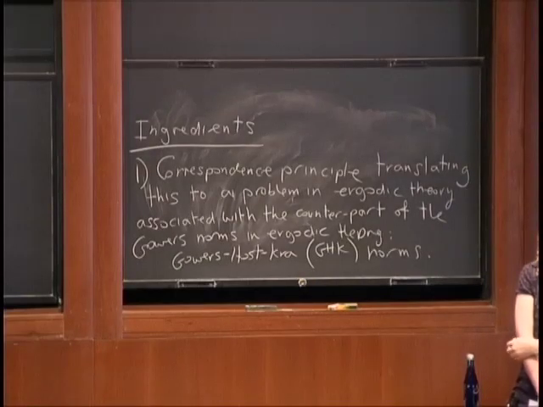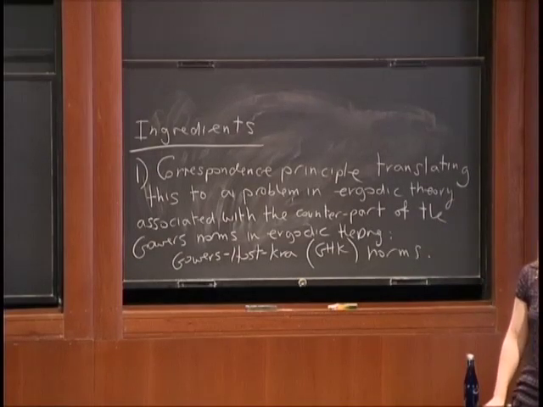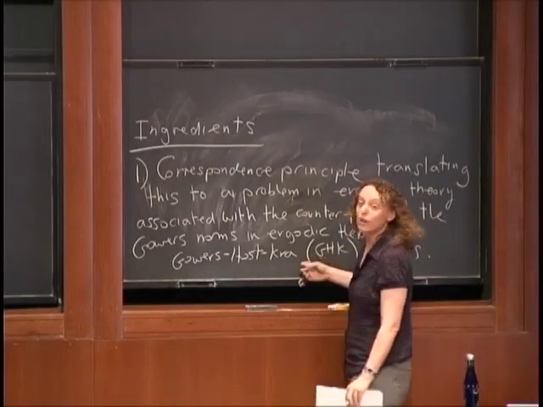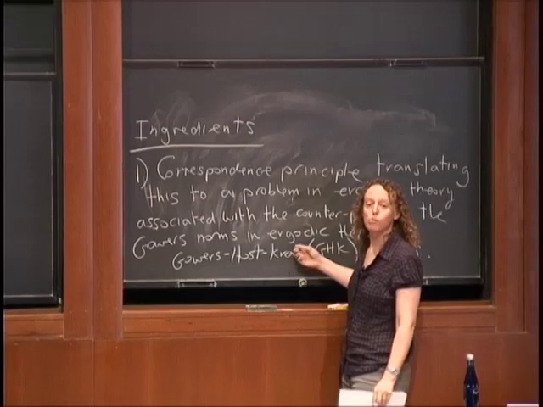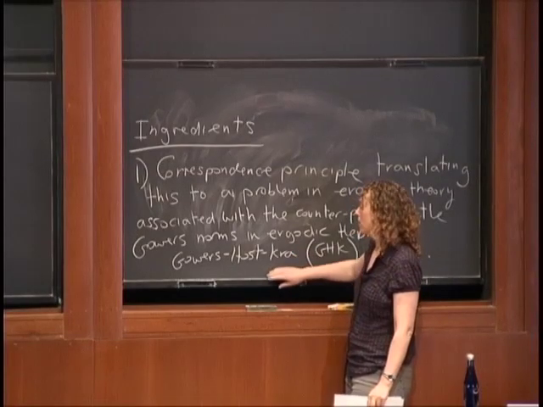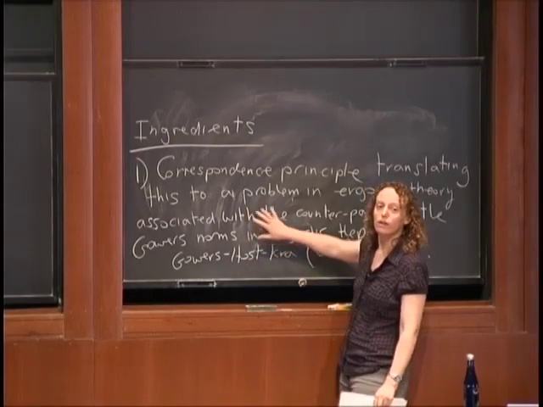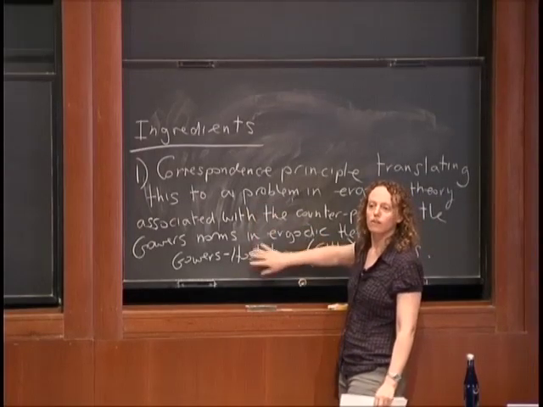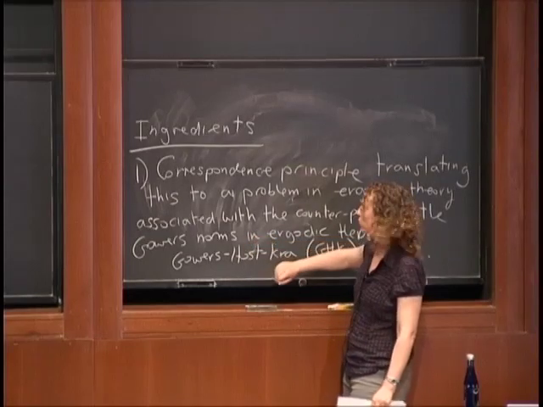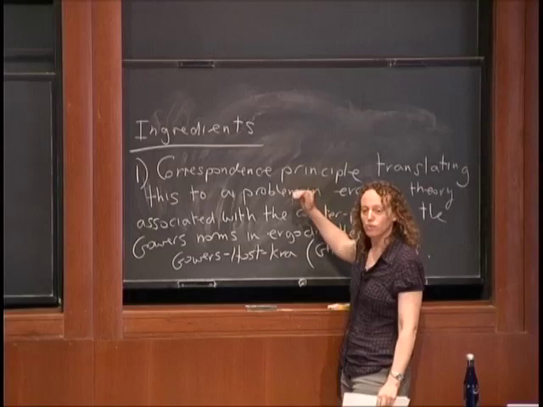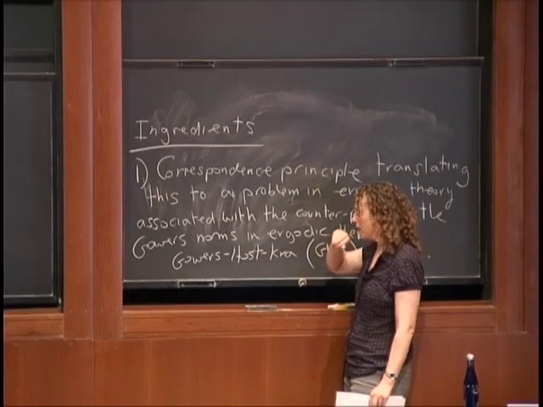Instead of looking at a sequence of functions and trying to work with it, you work with one space and one big group acting on it. The big group is going to be the direct sum of F_p. You have some associated norms that look very similar to the Gowers norms, and you need to understand them.